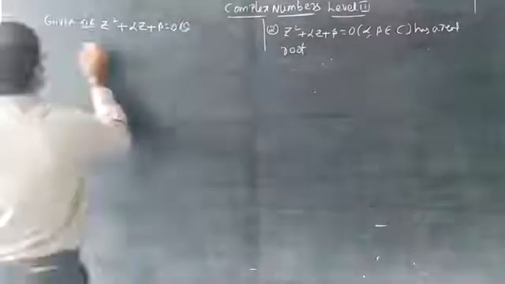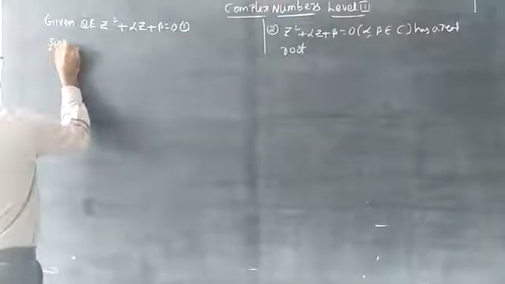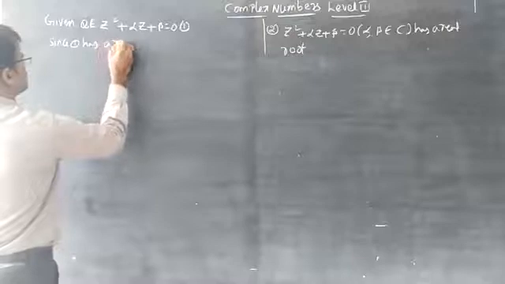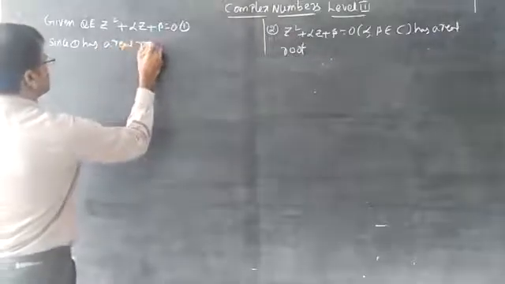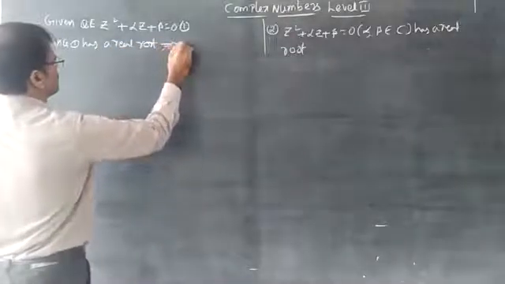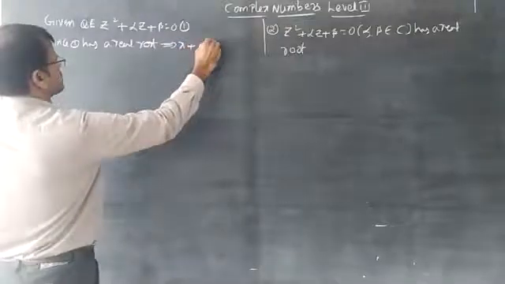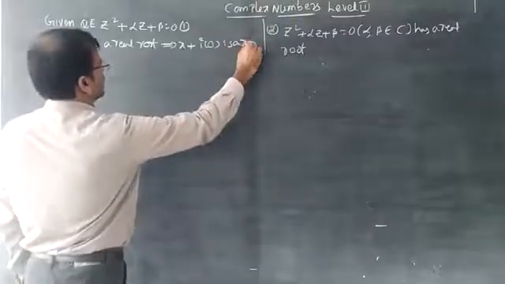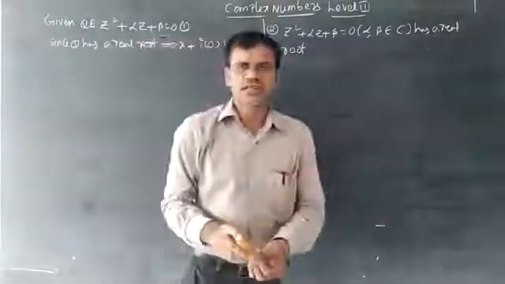This is 1. Since 1 has a real root, that implies x plus i into 0 is a root. I am thinking simply x is a root.